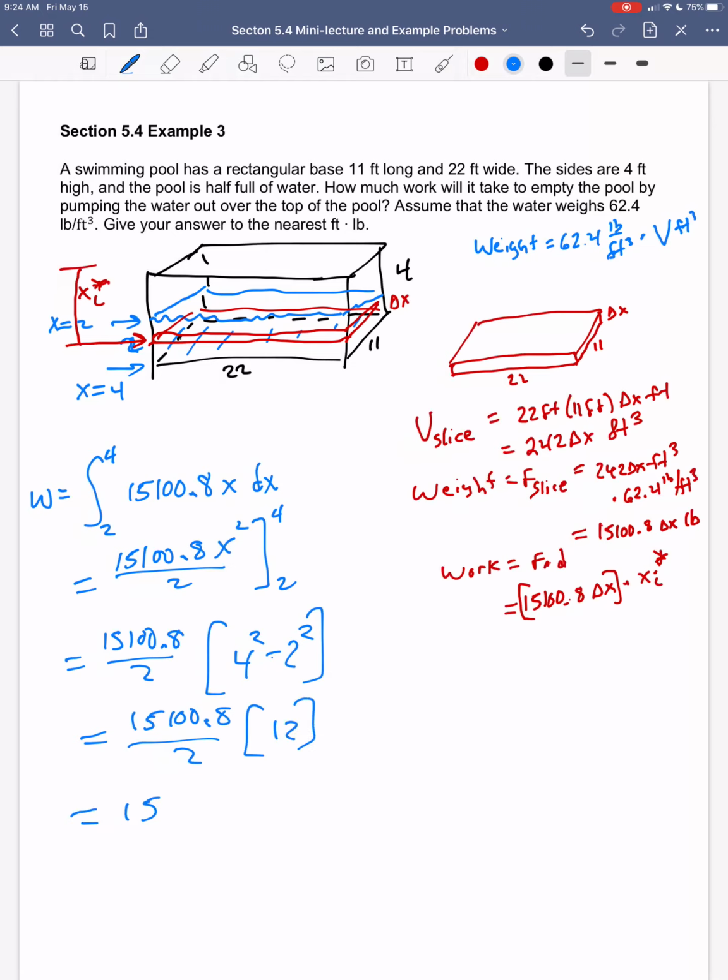So that's going to be 15,100.8 times 6, which is 90,604.8. And what are my units? X here is measured in feet, and I was measuring the weight in pounds, so that will be foot-pounds.